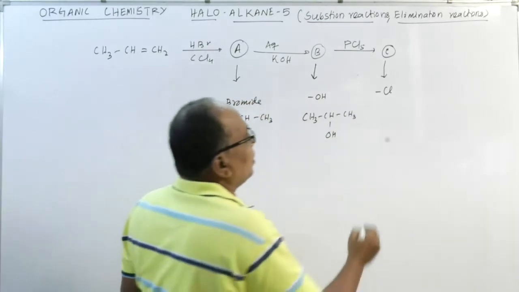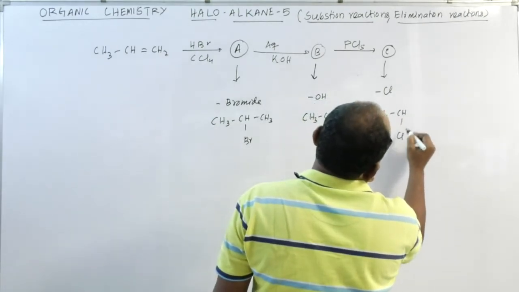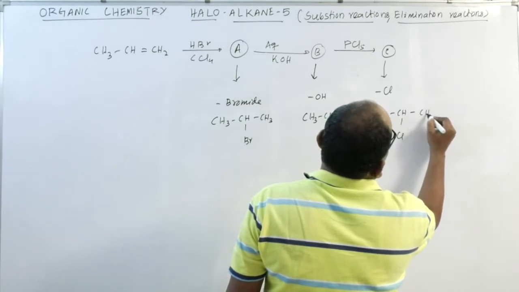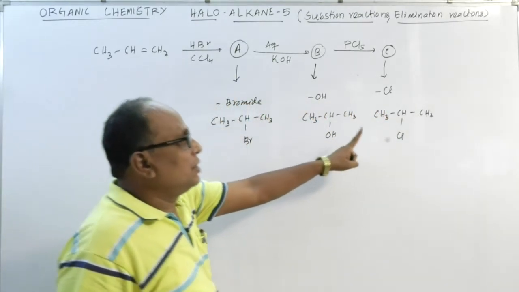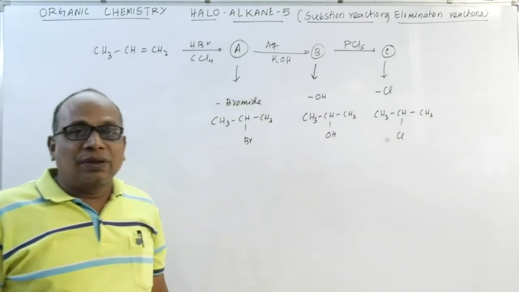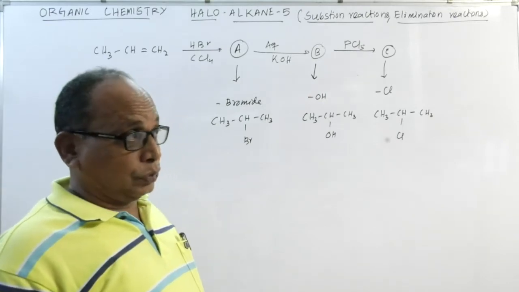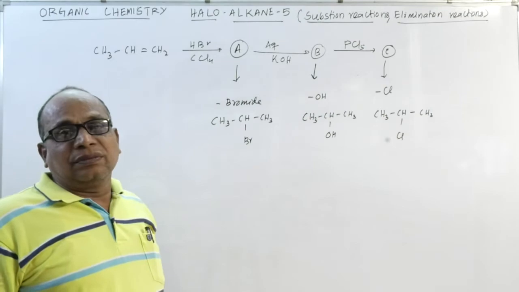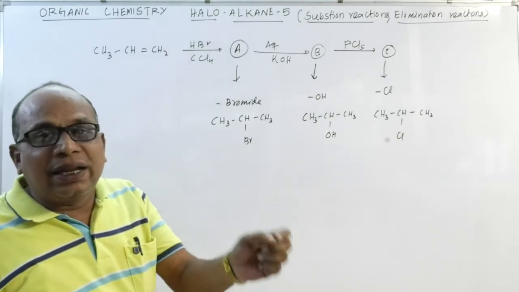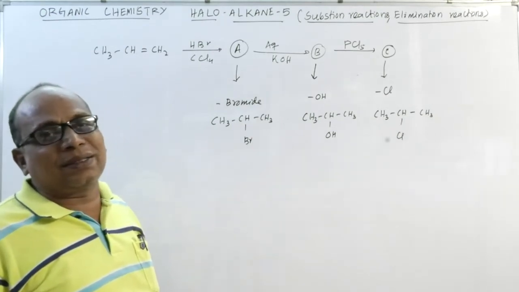Again this will convert to CH3-CHCl-CH3. This is your A, this is your B, this is your C. That means during the identification or conversion, we have to remember the method of preparation as well as its characteristics. Then organic chemistry is very easy, just like mathematics.